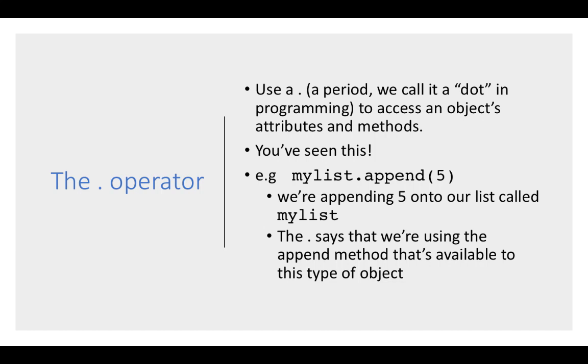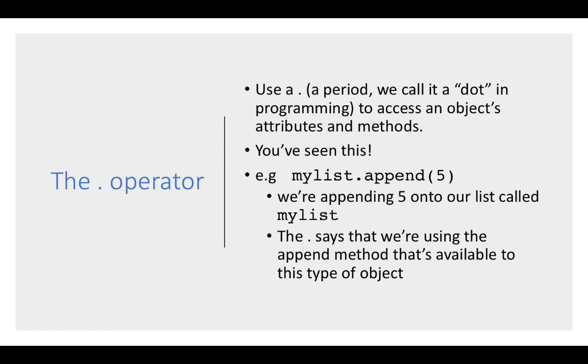It's called mylist. We'll do mylist.append and then whatever value we want to append onto the list. So append is a method that's available to our particular list called mylist, but it's available to any list that's out there. So essentially you can think of lists as a class and your particular list as an instance or an object from that class.